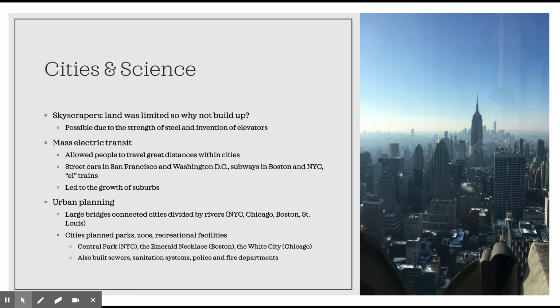And rail cars and things like that. And this allowed people to travel great distances within the cities. Streetcars in cities like San Francisco and in Washington, D.C., subways in Boston and New York, L trains or elevated trains in places like Chicago. These would all allow for people to spread out, but also get from point A to point B in the cities very quickly.